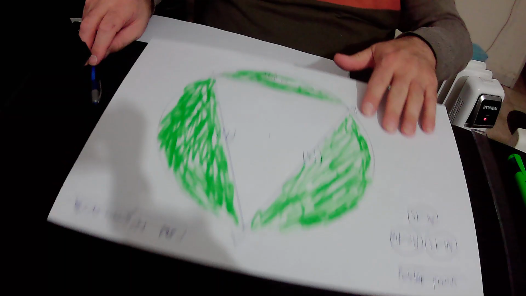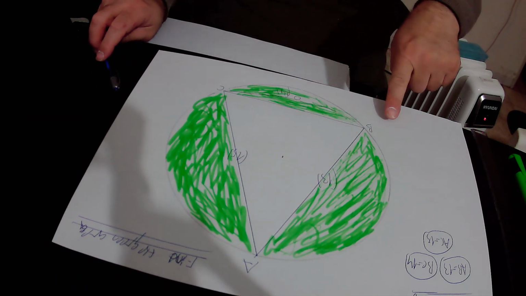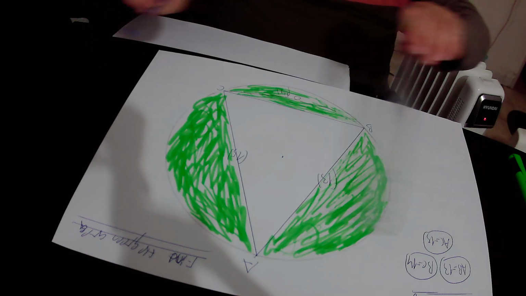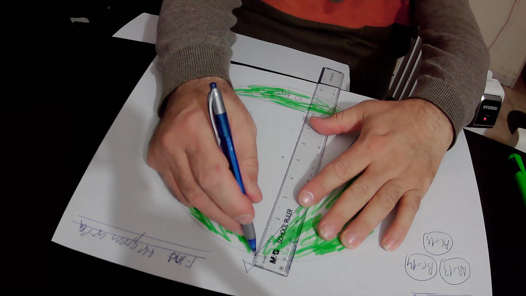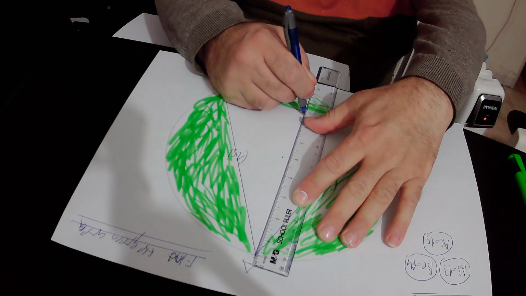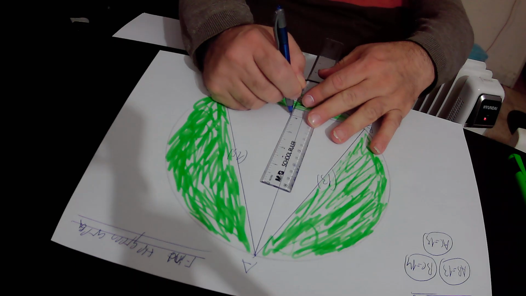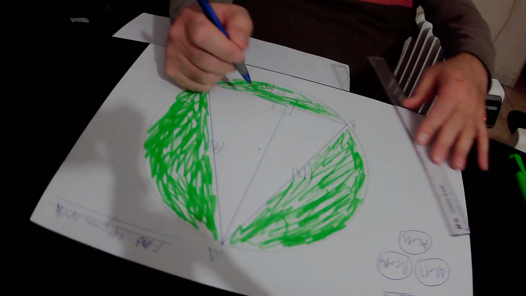In the second method, we will do a construction, that is to say, from point A we will draw a perpendicular on BC. So this angle equals 90 degrees and this angle equals 90 degrees according to our construction.